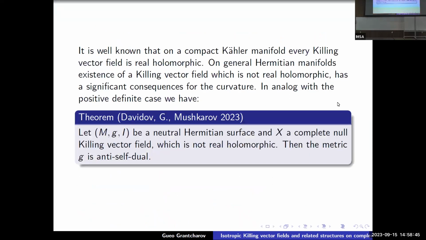And on this space, regardless of the signature again, if one has a Hermitian surface and one complex vector field, which is null, if this vector field is holomorphic, meaning resulting in the complex structure, then in the Kähler case, basically every field is holomorphic. If it's not Kähler, you can assume that it's not holomorphic, maybe necessary, actually, what I said.